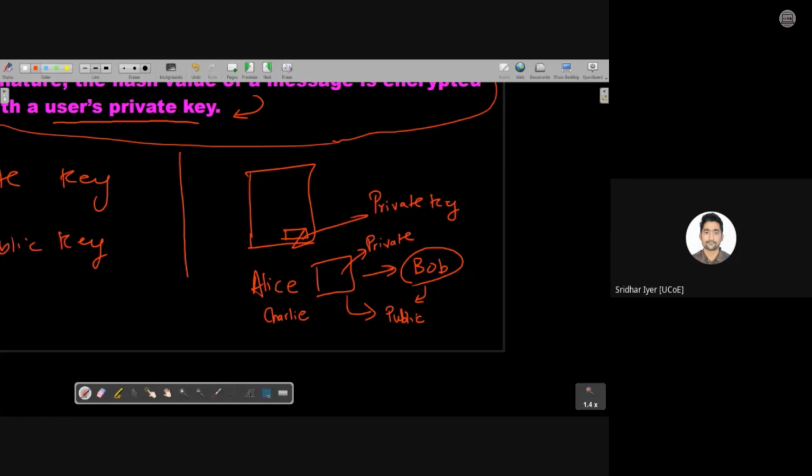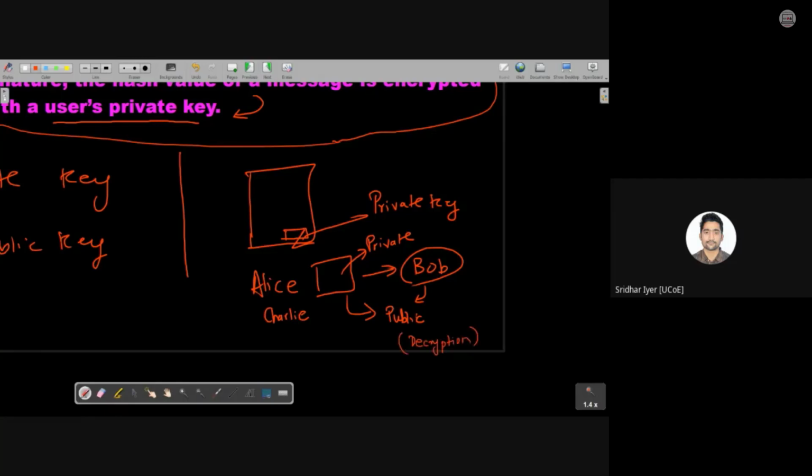So generally what we do, if I circulate it on a piece of paper, I sign over there at the bottom just to show that I have only sent out the message, right? Same concept happens over here. If Alice wants to send a message to Bob, Alice has to encrypt that message using her private key so that Bob can verify whether the message has been sent by Alice or not by simply decrypting it with the help of Alice's public key.